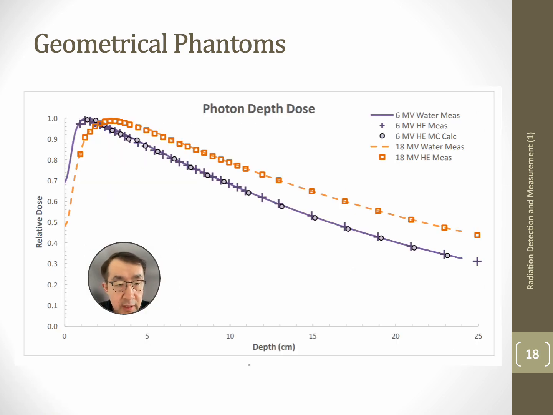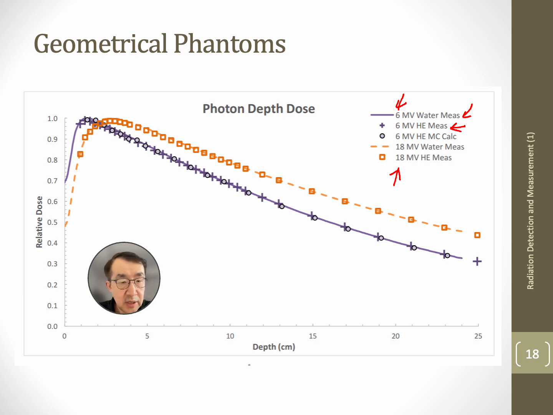Here you're looking at PDD of 6 MV and 18 MV that is either measured in a water phantom or measured in this solid water phantom. This is measurement in water, that is the solid line. Then you have these crosses that are measured in solid water, and the circles are Monte Carlo simulation using that phantom material.